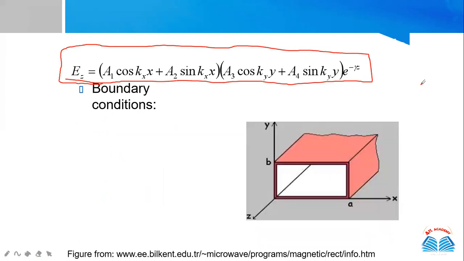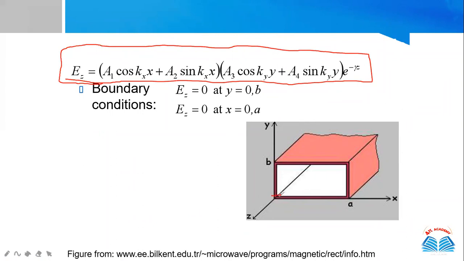Yes. So if we are assuming a rectangular waveguide like this one, it is situated in the X and Y plane, and this one is your Z axis. The length is a and the breadth is b of this waveguide. So Ez is 0 at y equals 0 and b.